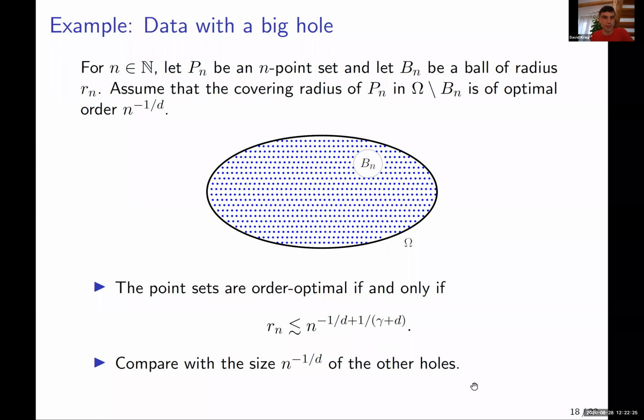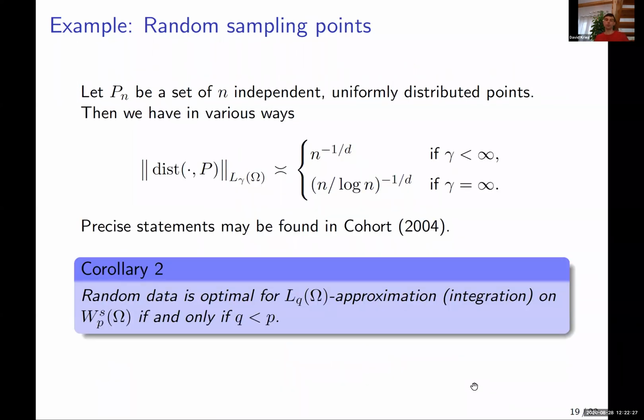And now to the example from the beginning, random point sets. If we consider n independent and uniformly distributed points on the domain, then to study the quality of these random point sets for the function approximation problem, we only have to consider the distortion, or the L gamma norm of the distance function.